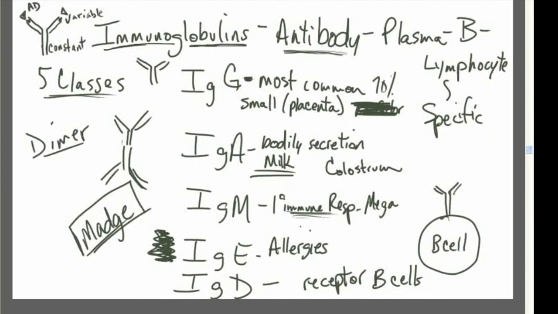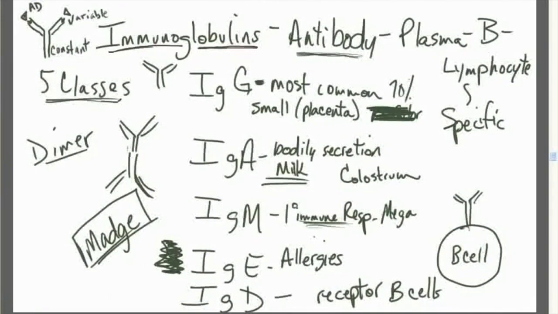Their name always begins with a big I and a little g for immunoglobulin. And after that, it's just one letter. They're known as IgGs, IgAs, IgMs, IgEs, and IgDs. There are just 5 different classifications, 5 different classes of antibodies.